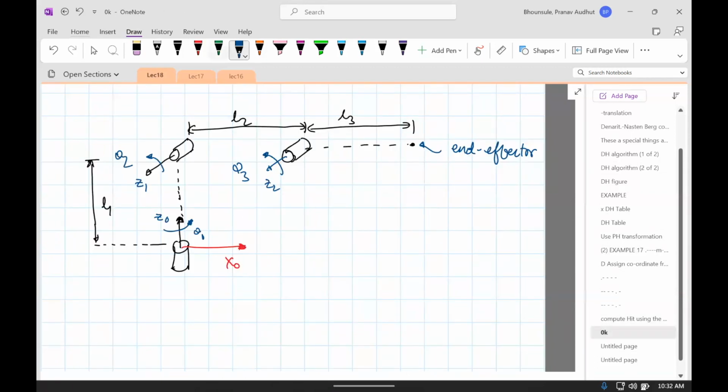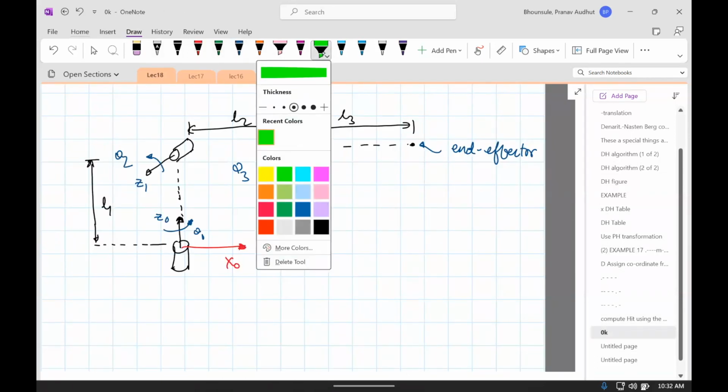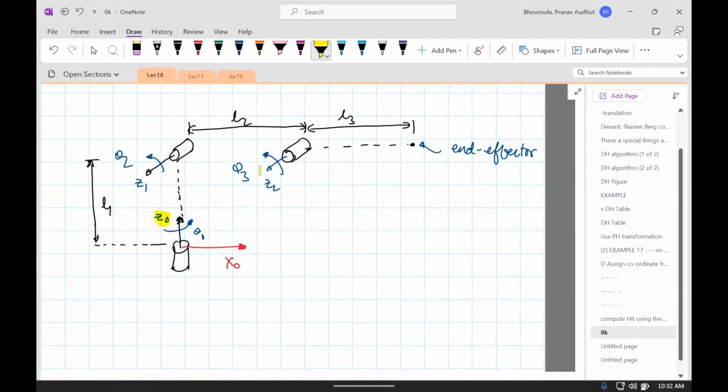Let's look at Z0 and Z1. So that's the pair we're considering. We need to understand if Z0 and Z1 are intersecting or if they are parallel. In this case, they're clearly not parallel. Z0 and Z1 are actually intersecting because when you extend Z0, it intersects Z1.